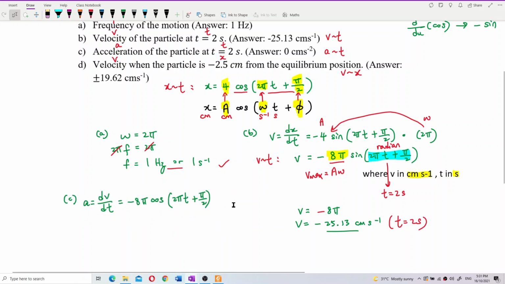Okay, and then differentiate outside. I get negative 8 pi cos. Okay, and then differentiate inside, I get 2 pi. Differentiate 2 pi t, I get 2 pi.